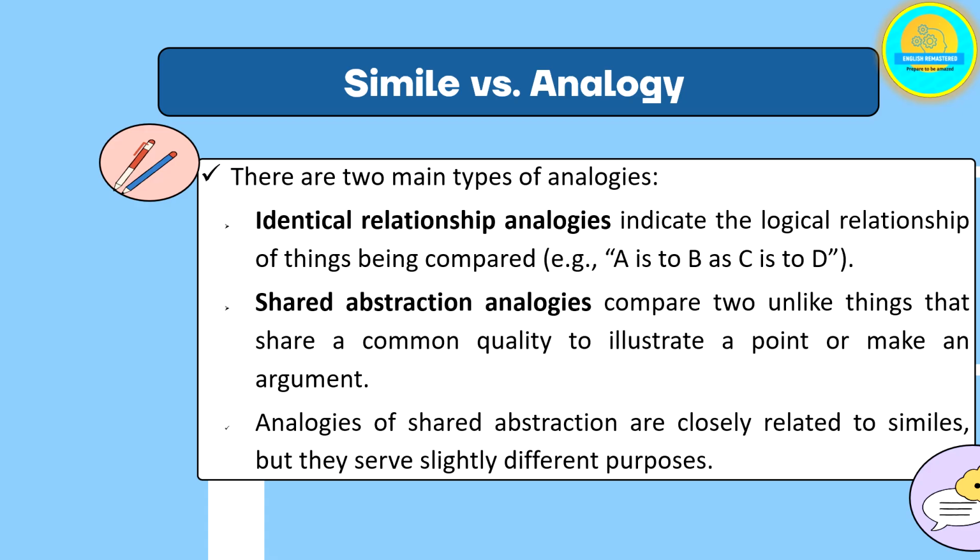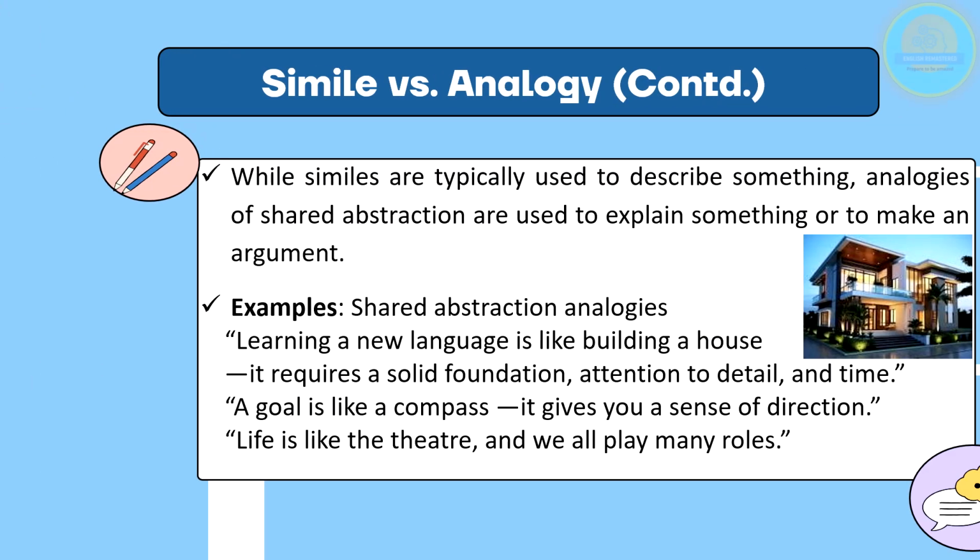Analogies of shared abstraction are closely related to similes, but they serve slightly different purposes. We continue the discussion. While similes are typically used to describe something, analogies of shared abstraction are used to explain something or to make an argument.